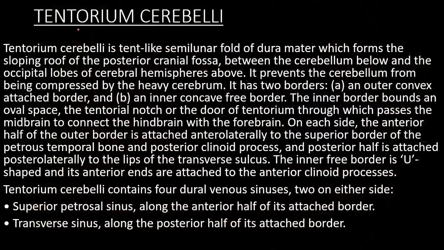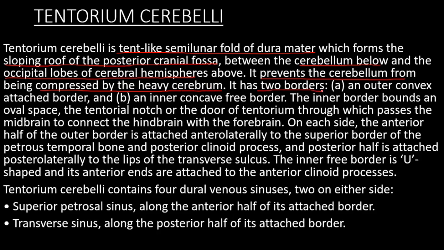Now, the tentorium cerebelli is a tent-like semi-lunar fold of dura mater, which forms a sloping roof of the posterior cranial fossa, lying between the cerebellum, which is inferior to it, and the occipital lobes of the cerebral hemispheres superior to it. It usually prevents the cerebellum from being compressed by the occipital lobe of the cerebrum.